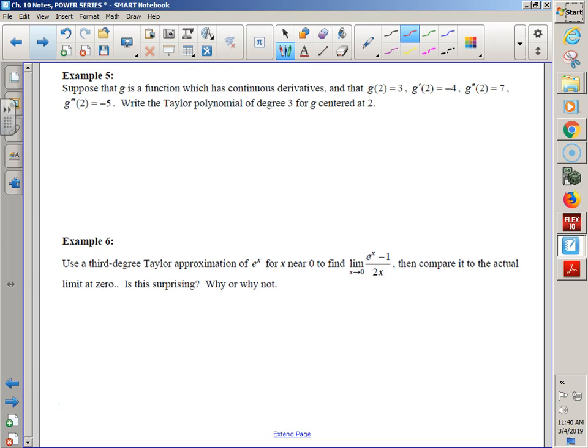Take a second, get the clues, look at your formula. I don't want to just give it away right away. Take a second, analyze the clues. Think about the formula.